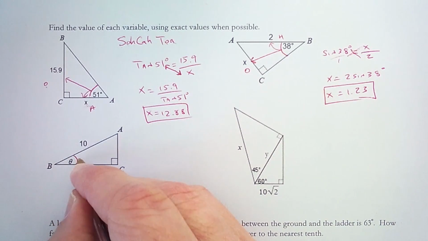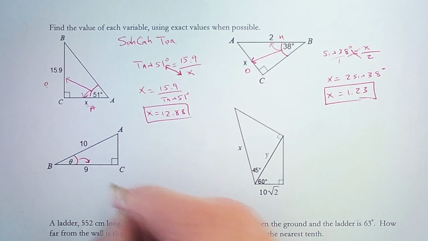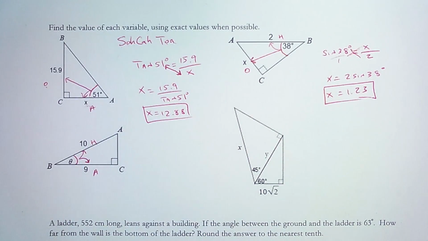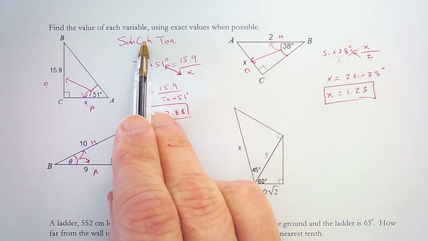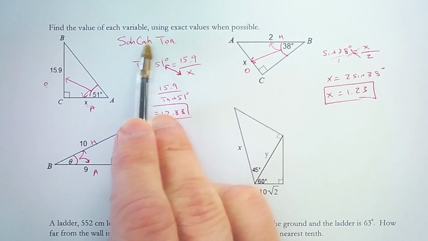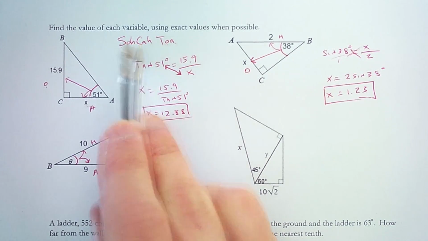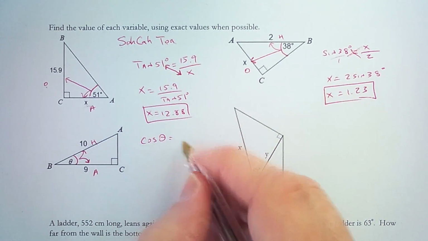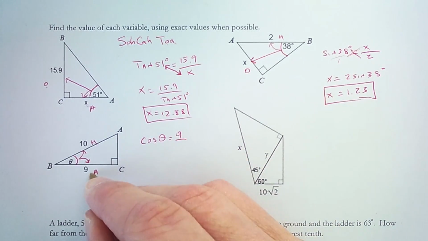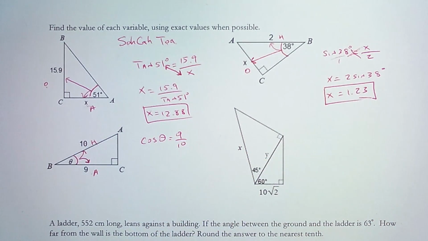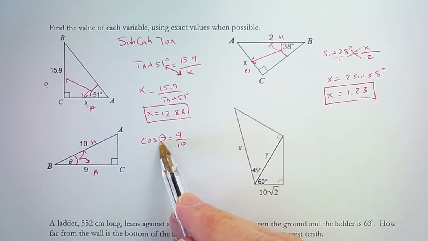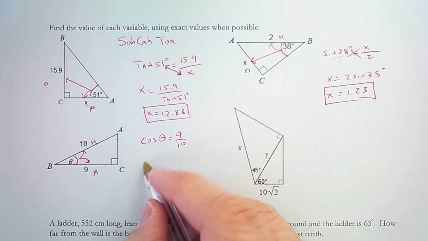Here's my angle, and what I have here is the adjacent leg, and here is the hypotenuse. Adjacent and hypotenuse, A and H, means I'm going to use cosine. Cosine theta equals adjacent leg 9 over hypotenuse 10. This time the variable is the angle, the input, and when the variable is here as the input, I use an inverse.